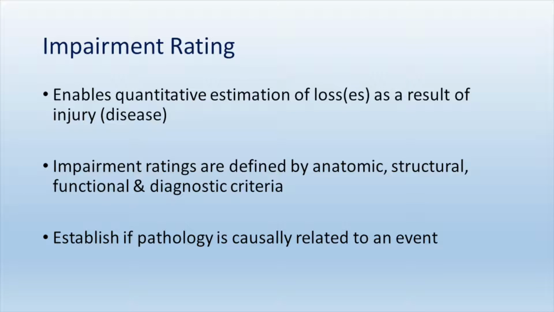What I will share with you later in the talk is how we go about determining an impairment rating, which is obviously vital so that appropriate compensation can be awarded. What's important is to establish that the pathology is causally related to the event.